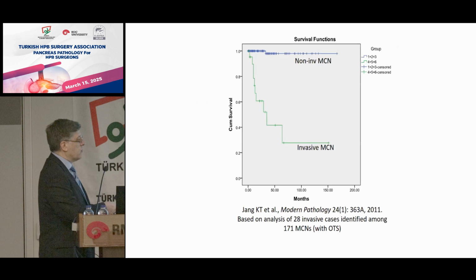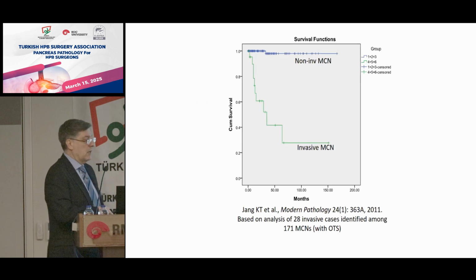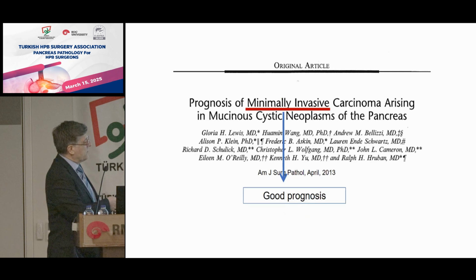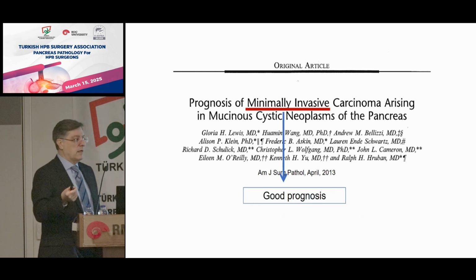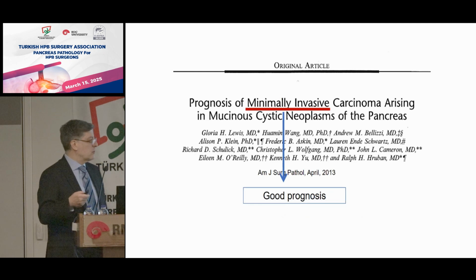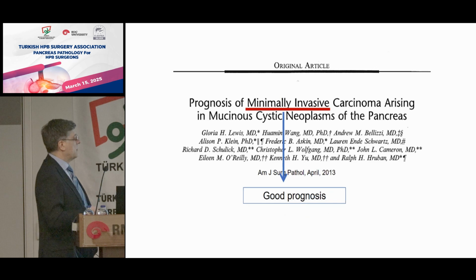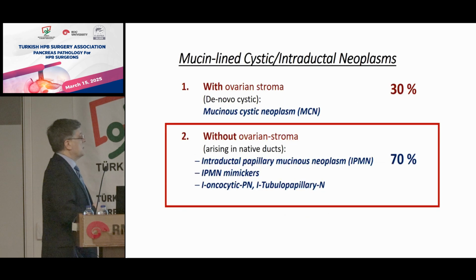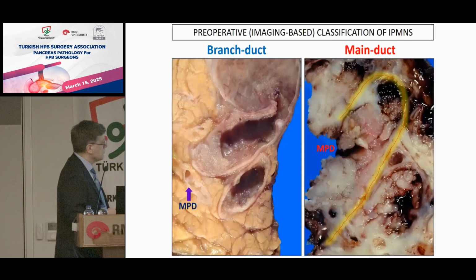In our experience, once it's invasive, 5-year survival drops to 20%. Yes, there's a study that says if they are very minimally invasive, they are cured. They have good prognosis, but minimally invasive means less than 2-3 millimeters, and some of them look like maybe they are not really true invasion, but just invagination. But in our experience, even small invasion in MCN is not good news.